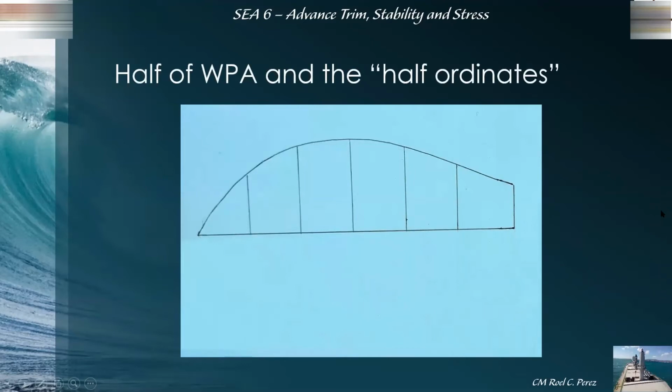Okay, so this is half of the water plane area. Hinati na natin. And it is sometimes called half ordinates. So, with this illustration, we can use the Simpson's rule. Now, our topic is the first rule. So, if we can solve for the area, multiply it by 2, then you have the water plane area.